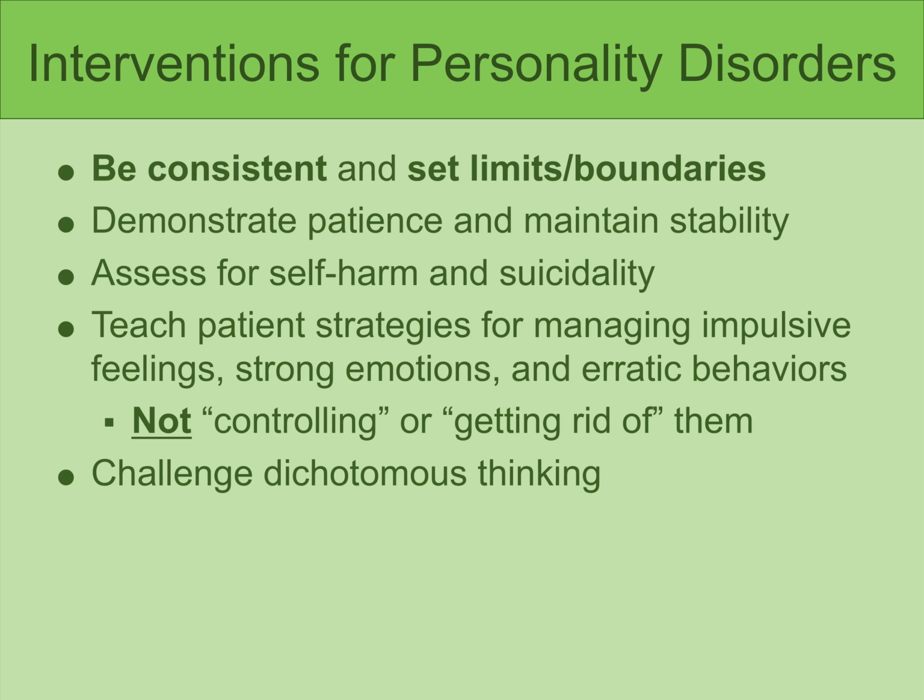Then we also want to challenge dichotomous thinking. Again, this is most prominent in individuals with borderline personality disorder, but it is a key factor in a lot of these cluster B personality disorders that we see this black or white, all or nothing thinking. So we want to challenge that thinking and challenge them to think of some other possible explanations.